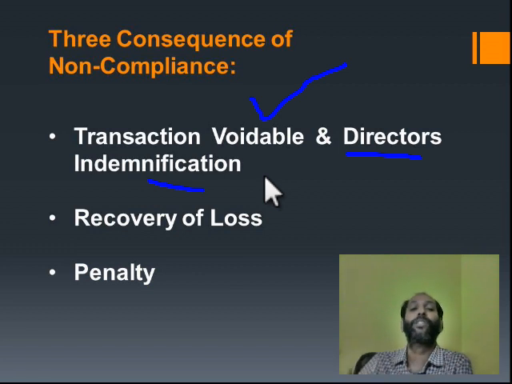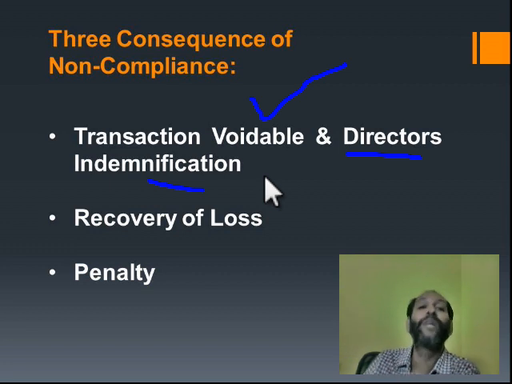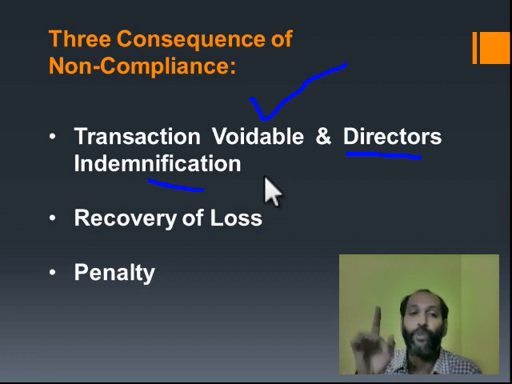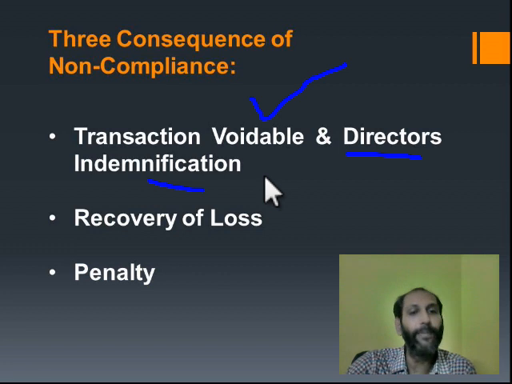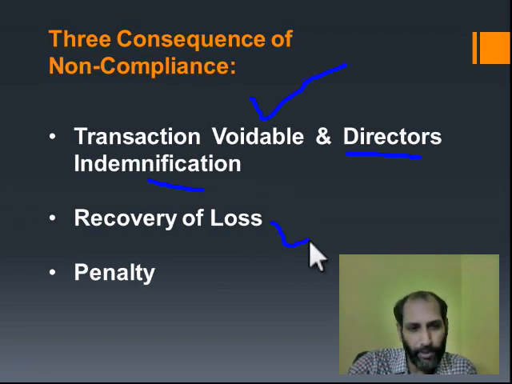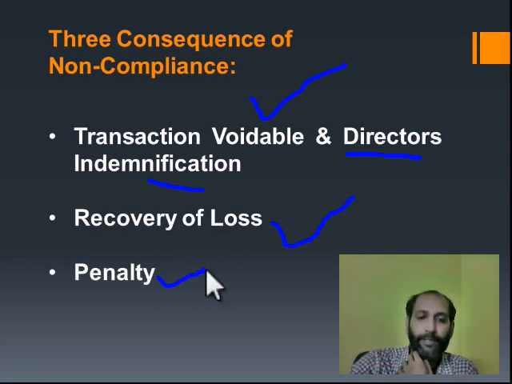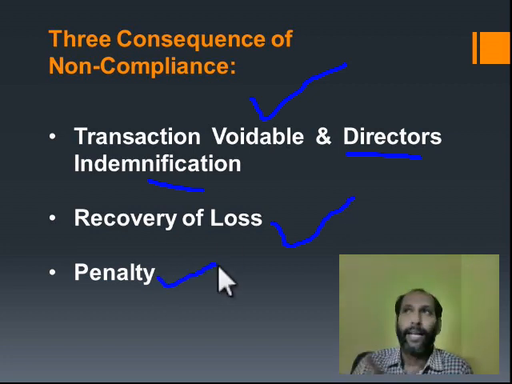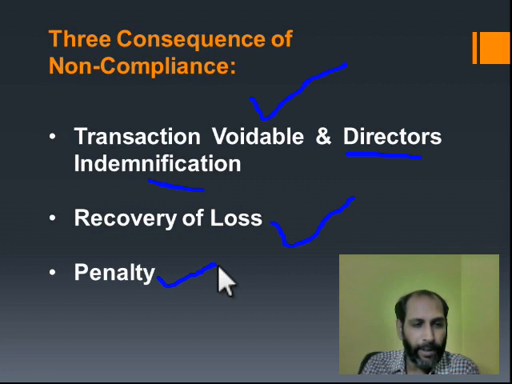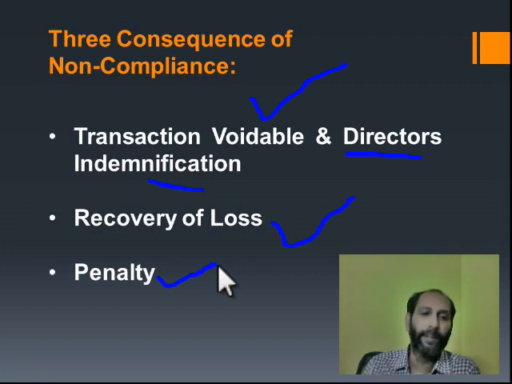That means any loss occurring to the company, if traceable to the directors in default, must be made good by the directors in default, and that concept is called indemnification. So the first consequence is that the transaction will become voidable, not void ab initio, voidable at the option of the board. Then directors' indemnification will be required, that is recovery of loss, and of course there will be a penalty for the same.